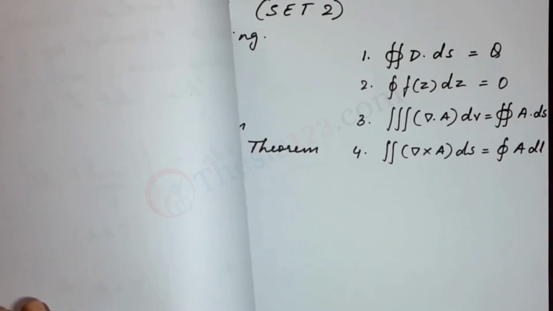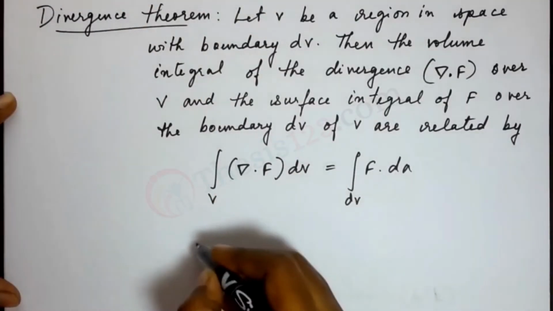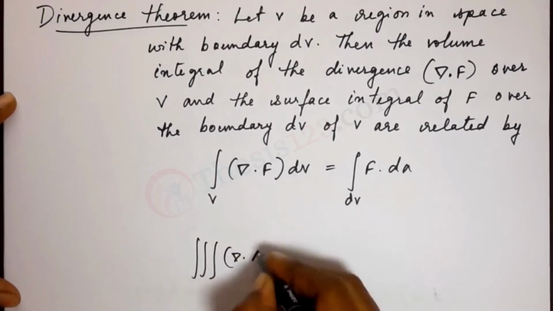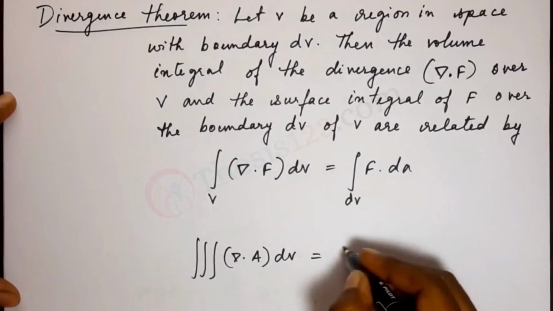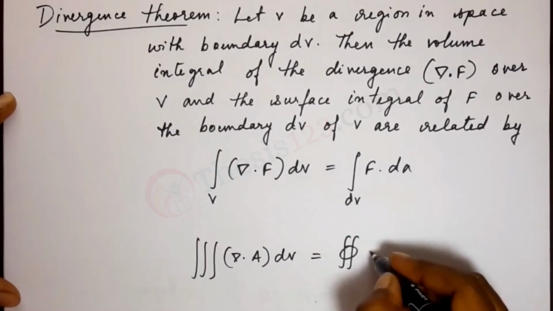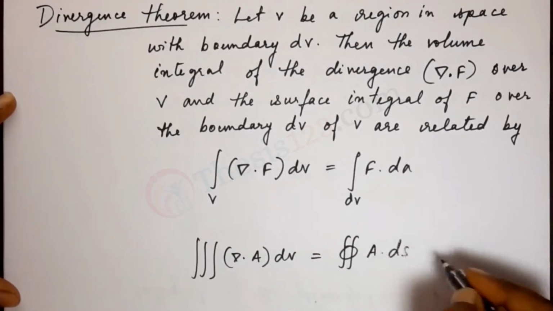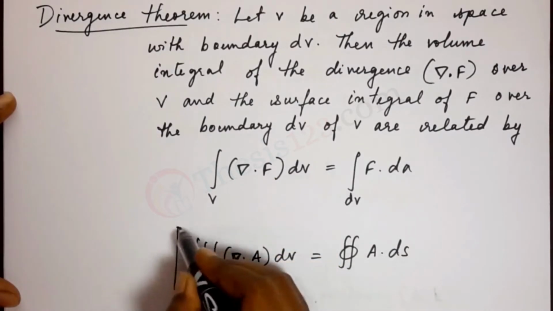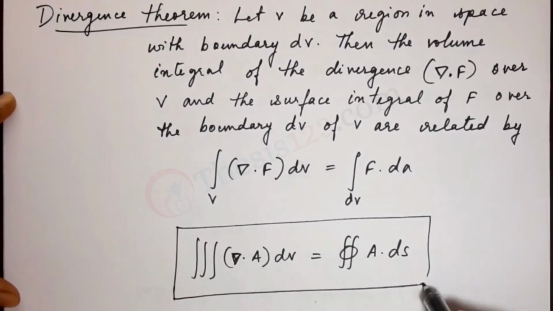We have a dot product there in the third option, and the integrals also match. So we have volume integral on the left side and we have surface integral on the right. So that matches. So we have here volume integral del dot A dV equals surface integral of A ds. Here f is A, just the notation is changed, that's about it. So this is the equation for divergence theorem.